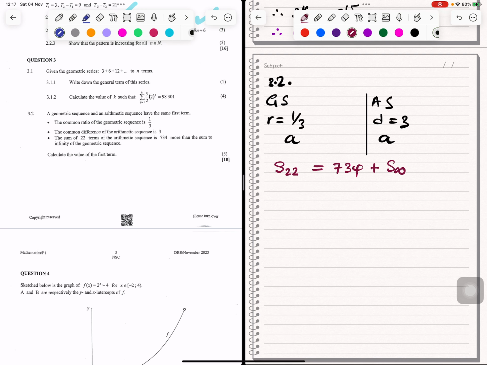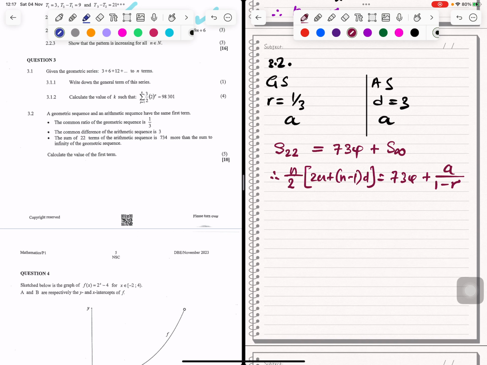Now, let's do it together. In an arithmetic series, this is going to be n/2 into 2a plus (n minus 1) times the difference, is equal to 734 plus the sum of the infinite geometric series. That is the first term over 1 take away the common ratio between two successive terms. Now n is 22.